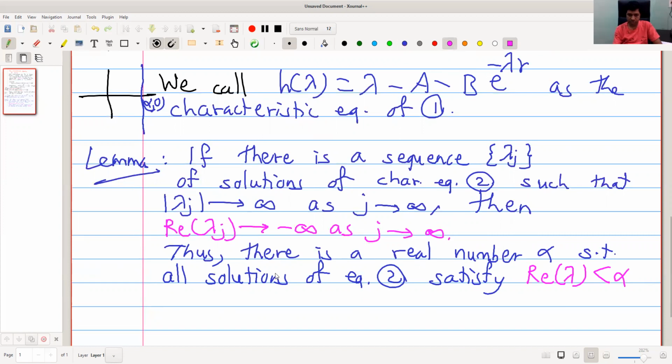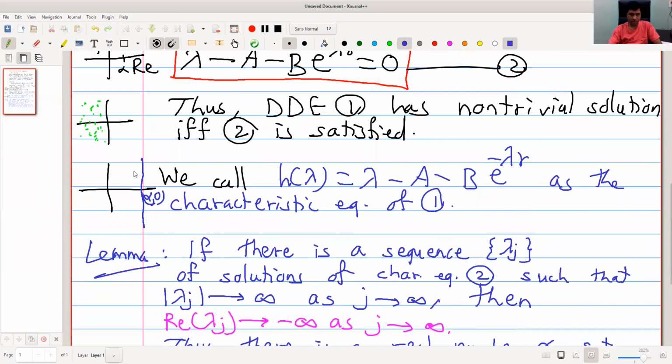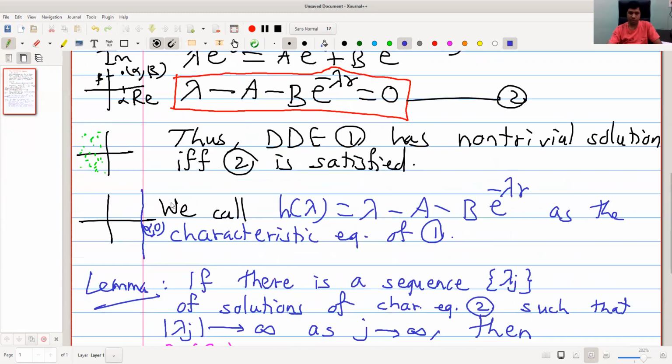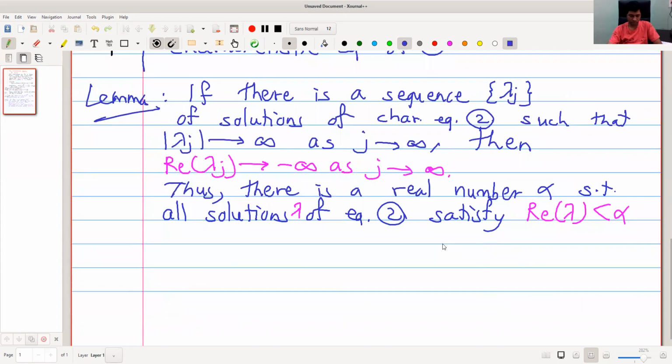All solutions means all solutions lambda of equation 2 satisfy real part of lambda less than alpha. So in this figure, all the eigenvalues are on the left of this vertical line passing through the point (alpha, 0).